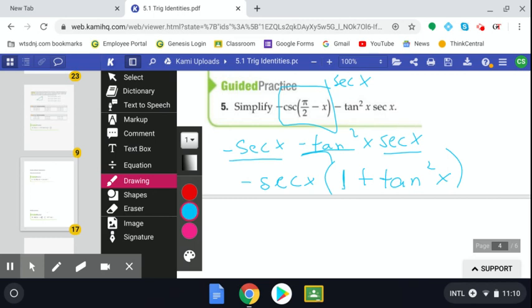So now I know that one of the Pythagorean identities says that 1 plus tangent squared x is equal to secant squared x. So now I'm left with negative secant x times secant squared x. And now I can just multiply them out, and my final answer is just negative secant cubed x.